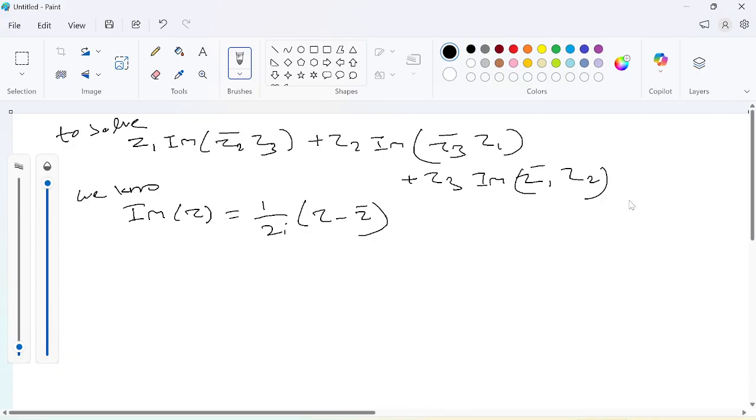Now, like we have seen in the earlier things, if I have imaginary of z is equal to 1 by 2i times z minus z bar, now what is imaginary of z bar?